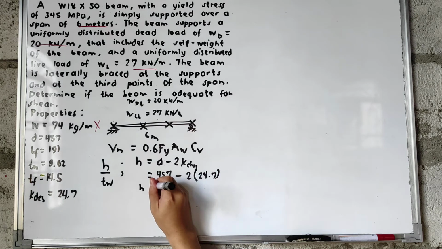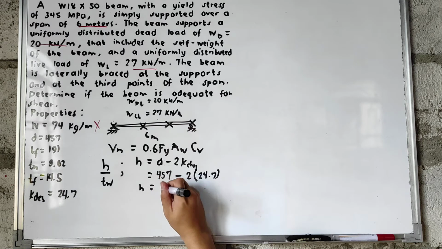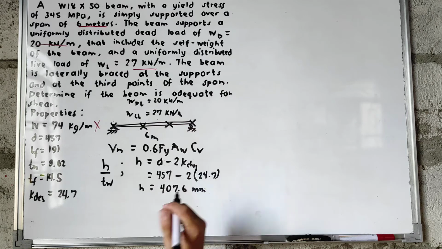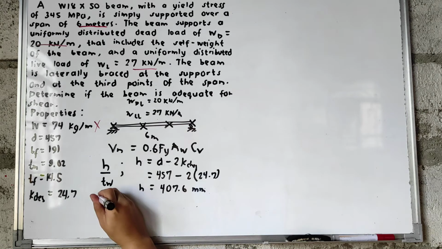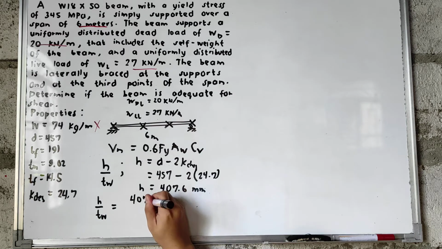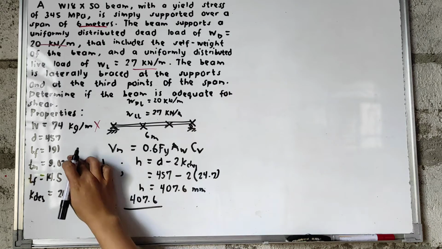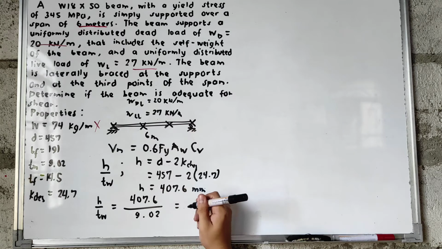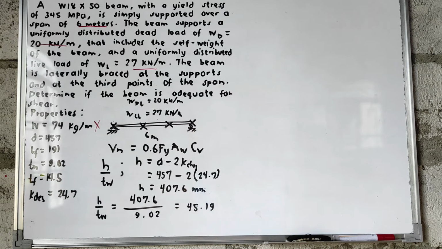So the value of your h, that is equal to 407.6 mm. So makukuha natin yung h over tw natin. So we have 407.6 over the thickness of the web na 9.02. So you will have a ratio which is equal to 45.19.